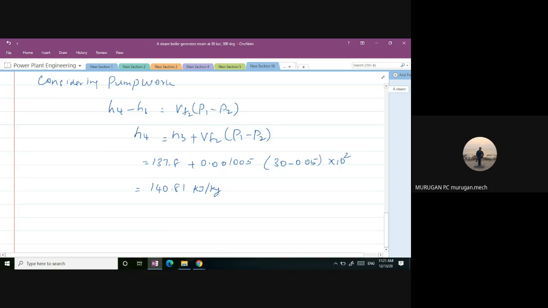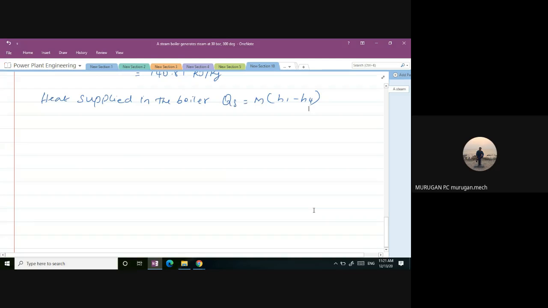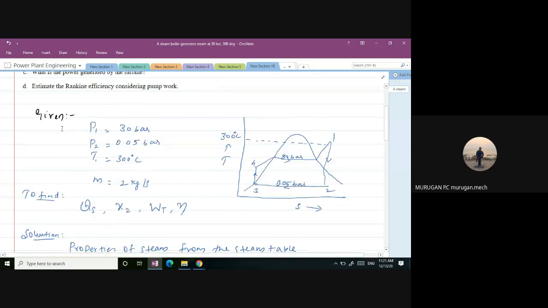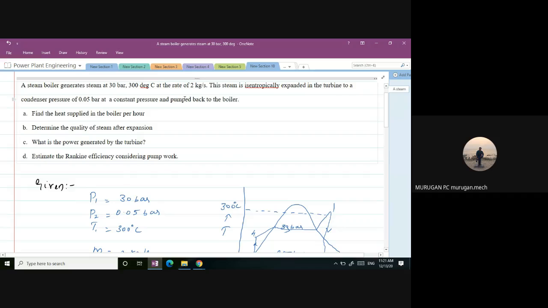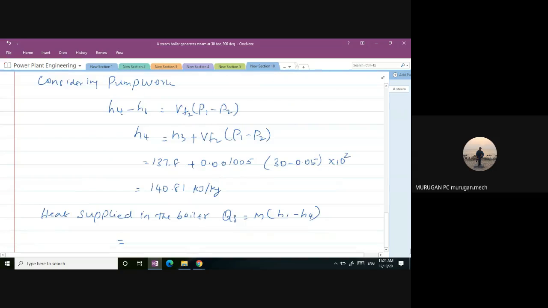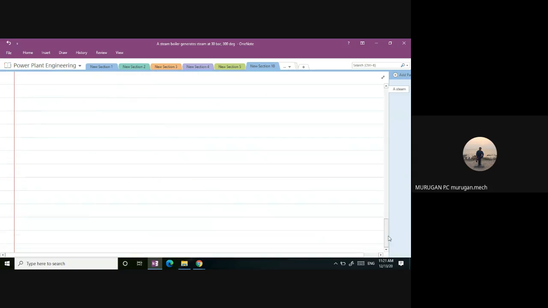Okay, so the next parameter we are going to find out is the heat supplied in the boiler. That is Qs is equal to m into H1 minus H4. What is the value of m? That is the mass flow rate that is given in the question, 2 kg per second.